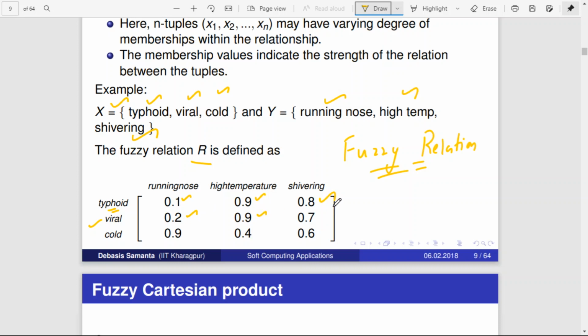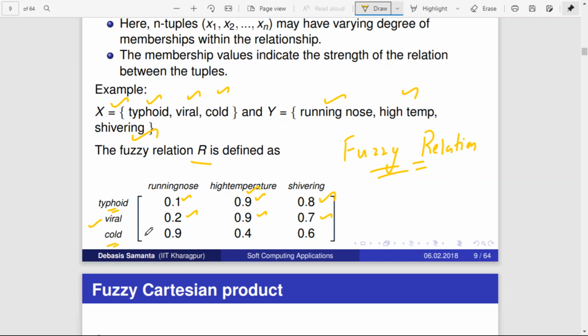High temperature is 0.9 and shivering is 0.7. These are the degrees of certainty. Let us not use the term chance, because chance is similar to probability. So it is degree of certainty. For typhoid, the degree of certainty of running nose is very less, 0.1. High temperature is 0.9 and shivering is 0.8. Similarly, for viral infection, high temperature is 0.9, shivering is 0.7, and running nose is 0.2.